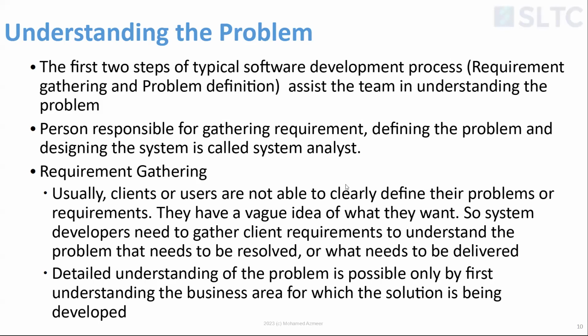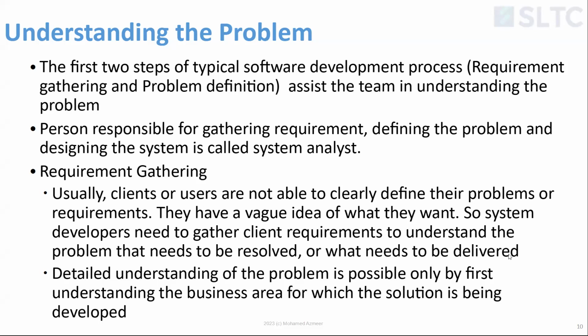If you look at any software project, one of the first problems is understanding the problem, or in technical terms, defining the problem. Most of the time, production-level software is built by a team of people. So how do you let the team understand the problem of the customer?